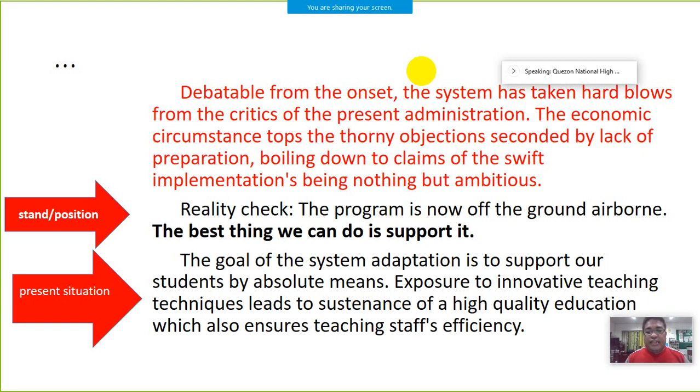Then the forward-looking claims are made in reference to the present condition. And the present condition is that the goal of the system adaptation is to support our students by absolute means. Exposure to innovative teaching techniques leads to high-quality education, which also ensures teaching staff efficiency.